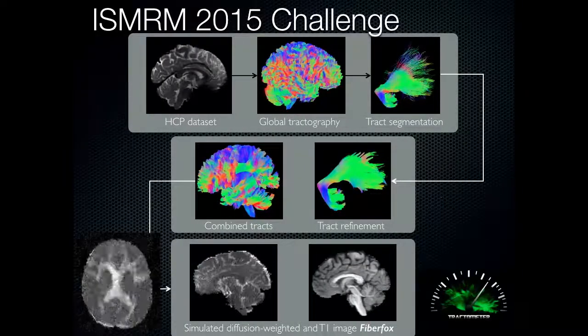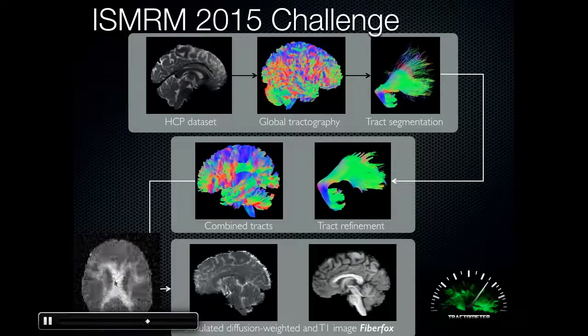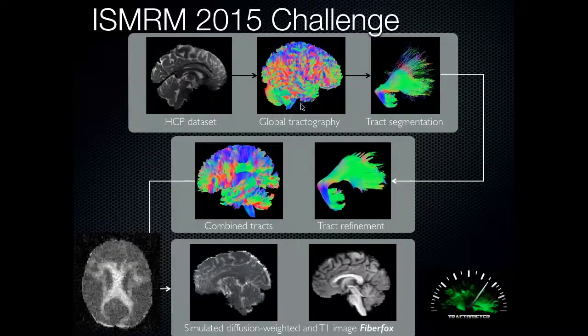And recently, last year at the ISMRM, there was the first international tractography challenge, where we generated an even more realistic phantom that looks like a brain. You'll tell me not exactly, but it has realistic artifacts, motion artifacts, EPI artifacts, and comes from a high-resolution HCP dataset with 25 manually labeled bundles, where a T1 and a diffusion signal was generated.